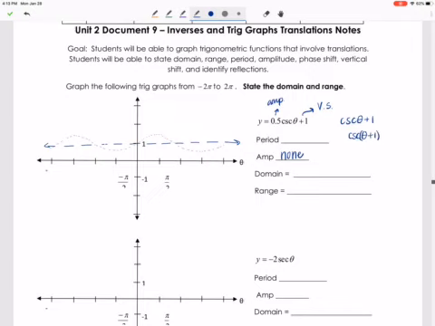If the plus 1 were in parentheses, that would be a phase shift. But since there are no parentheses and we only have the plus 1 at the end, that's only a vertical shift. From there, we should be able to fill in where all of our asymptotes would be.